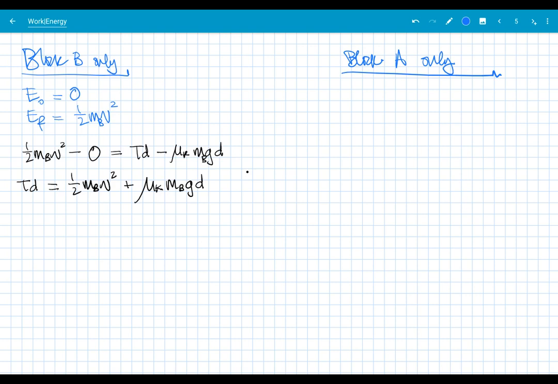I'm not going to go through and do this all the way out, but what could happen potentially if I use just block A is I could get an expression that when I substitute it in keeps making that tension term go away when I substitute in for my V. So that's possible that I could make that happen. So a safer bet, and you could try that and see what happens, would be to look at the entire system.